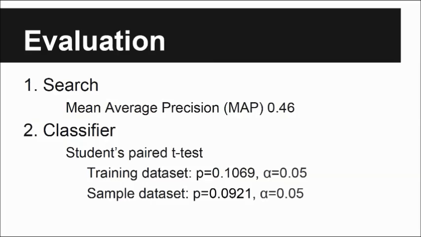For the classifier evaluation, we computed a Student's paired t-test on two different data sets. One is the training data set, which had around 147 posts. We manually graded each of the posts and compared it against classifier-graded posts. So we arrived at a p-value of 0.1069 against alpha of 0.05.